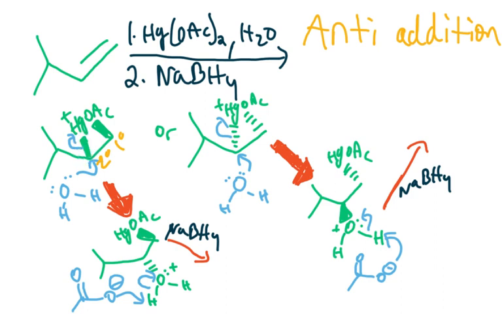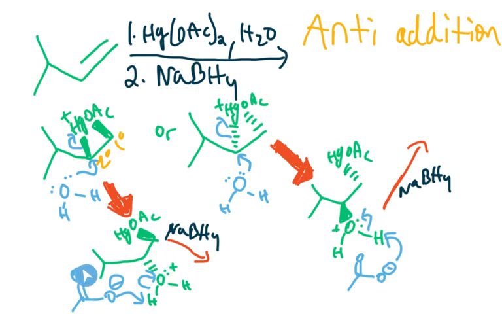So the only possibility is water attacks from the bottom, which in this case we'll say is dash. So the next step to this reaction would be right here. See how water, when it attacked, ended up on the dash, because this was already on the top, so it didn't have space to attack from the top, so it attacked from the bottom, which basically means it ended up on the dash. In terms of 3D, it is going away from us, into the screen.